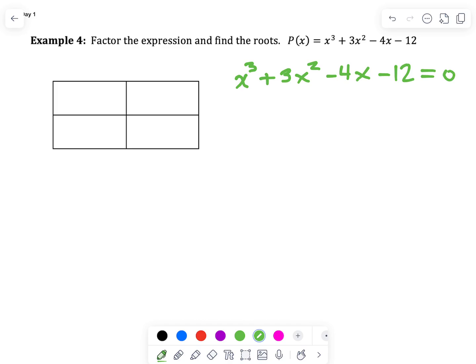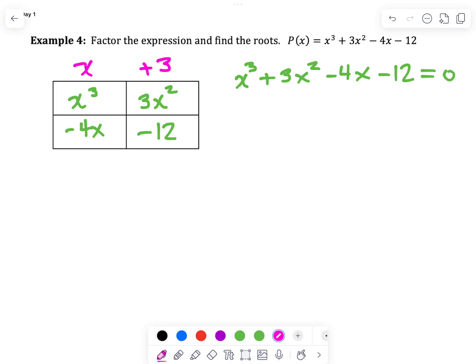So we're going to go ahead and set up our box. We're going to put them in descending order. And then we're going to take out the GCFs of the rows and the columns. So the first column, the GCF, is x. The second column, the GCF, is 3.